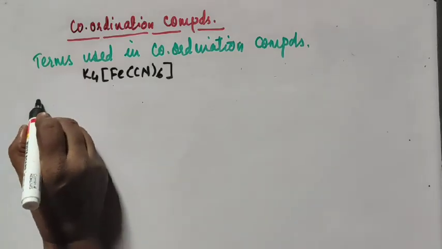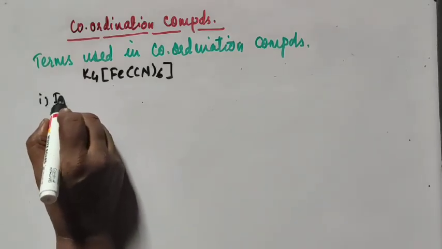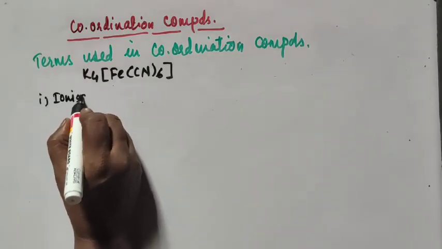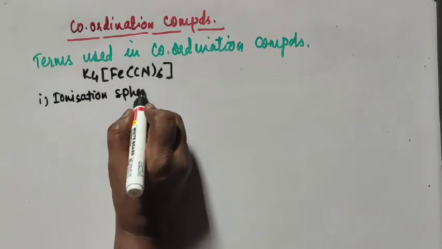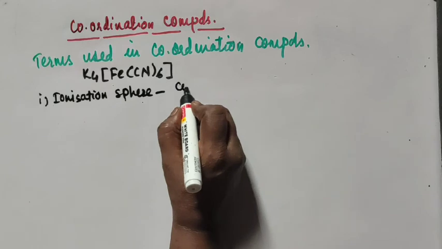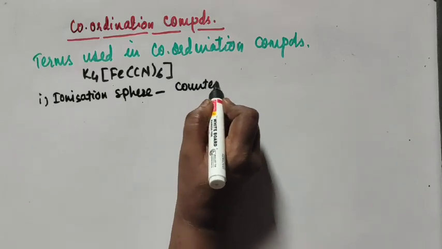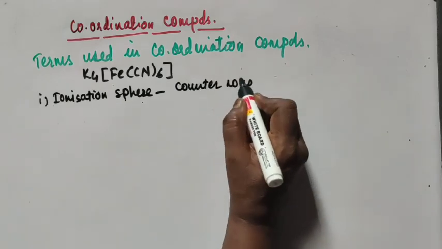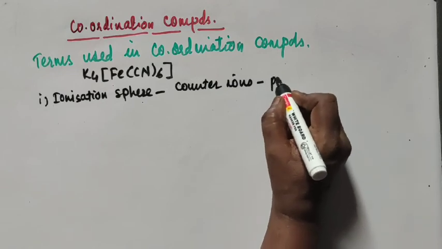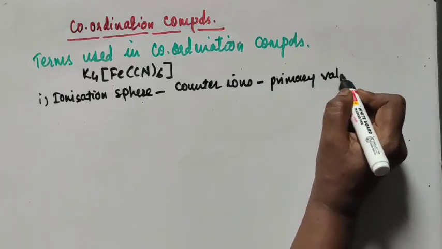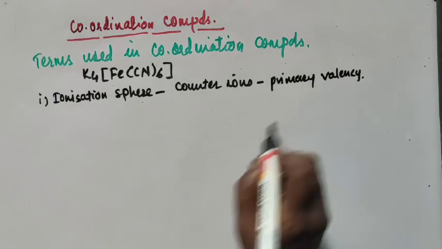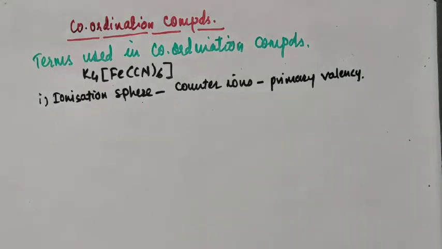The first term is the ionization sphere, and in the ionization sphere the counter ions are present, and they show the primary valencies. They determine the primary valency of the central metal atom.